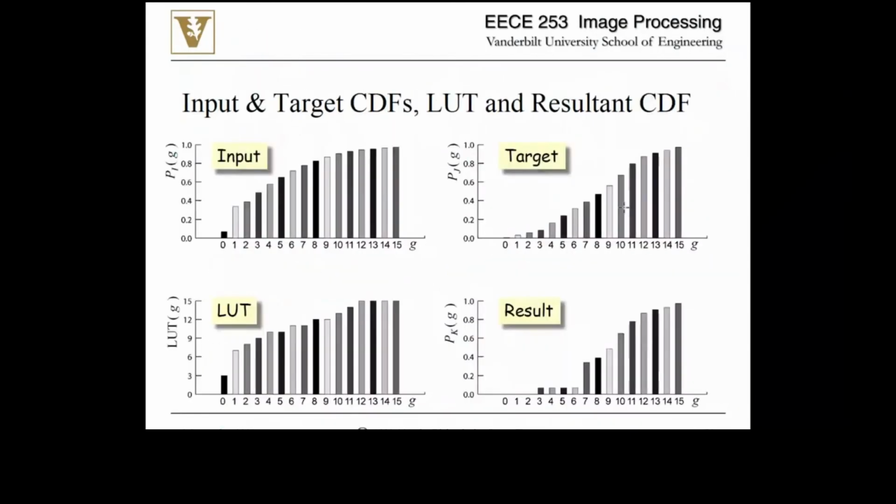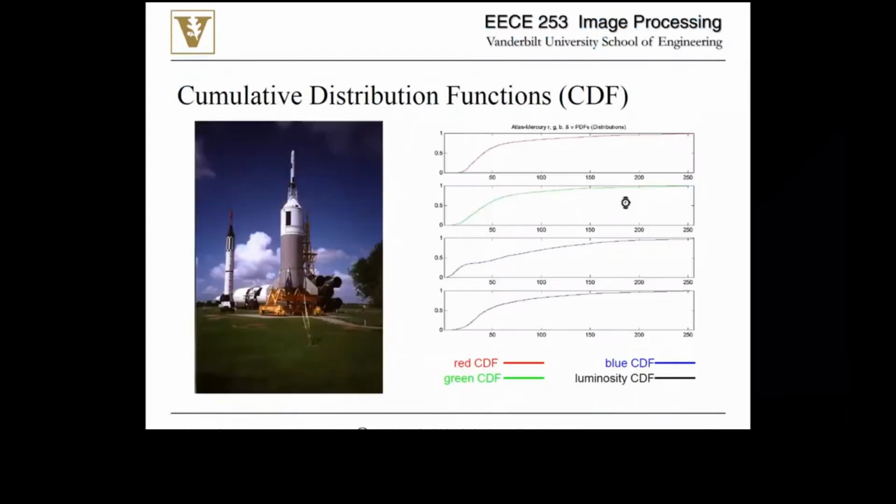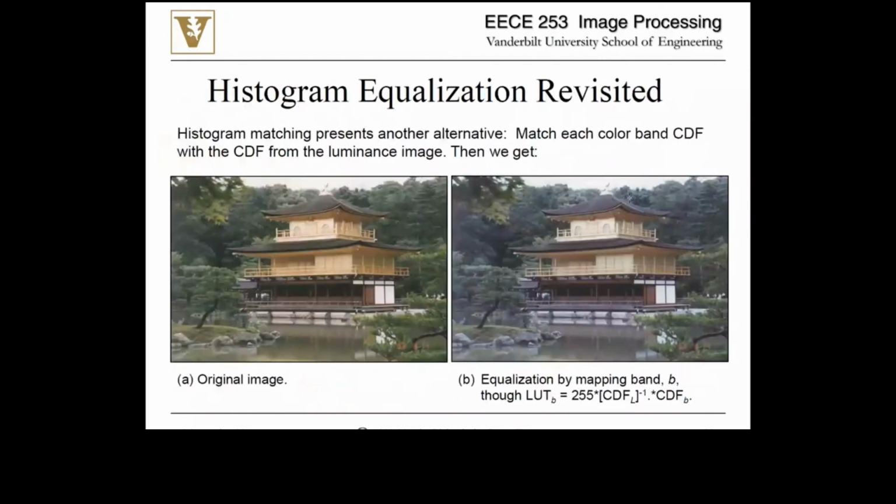When doing the histogram matching, the lookup table is one of the cumulative density functions, composed with the inverse of the other cumulative density function. And composed again in the mathematical sense.